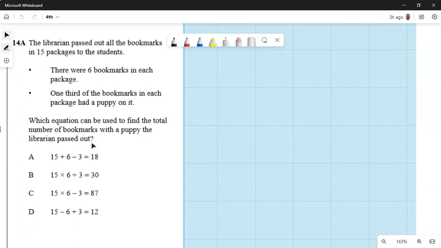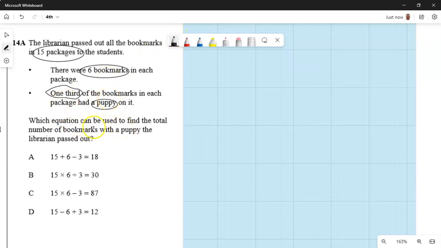So we're going to go ahead and look at the important information here. It's important that she passed out 15 packages of bookmarks, and there were 6 bookmarks in each package is important, and 1/3 of the bookmarks in each package had puppies on it, so we're looking for the ones with puppies on it.